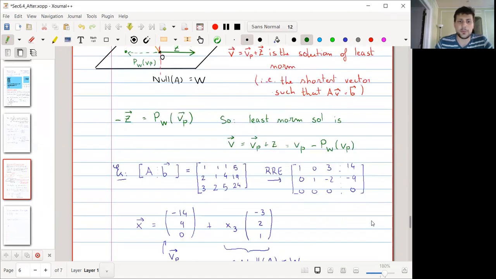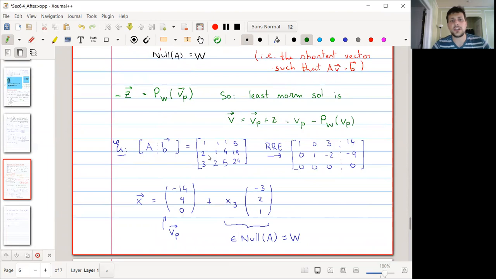Let's do this in an example. Here's our linear system. I'll just write it in terms of an augmented matrix. When I do the reduced row echelon form of that, I get this matrix here. And then you can write down all the solutions to this linear system. They're going to be given by a vector -14, 9, 0, plus the free variable x3 times another vector -3, 2, 1.